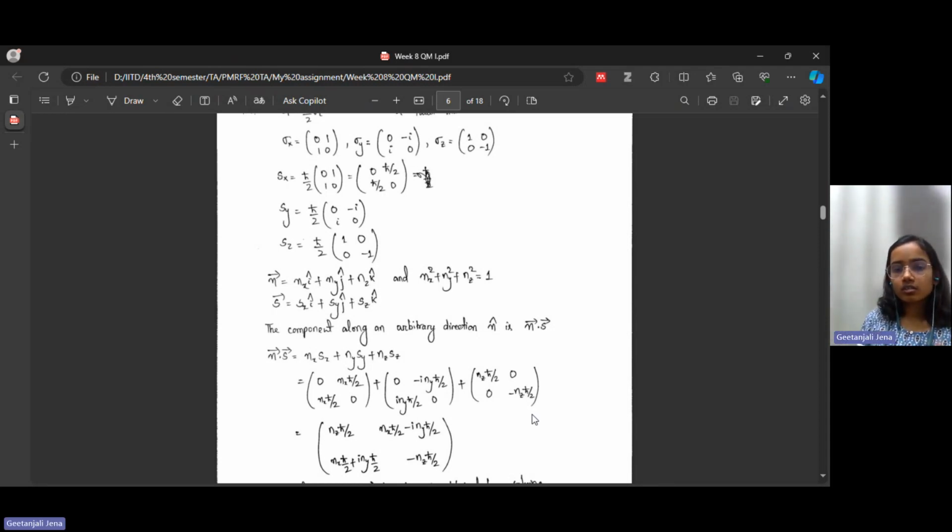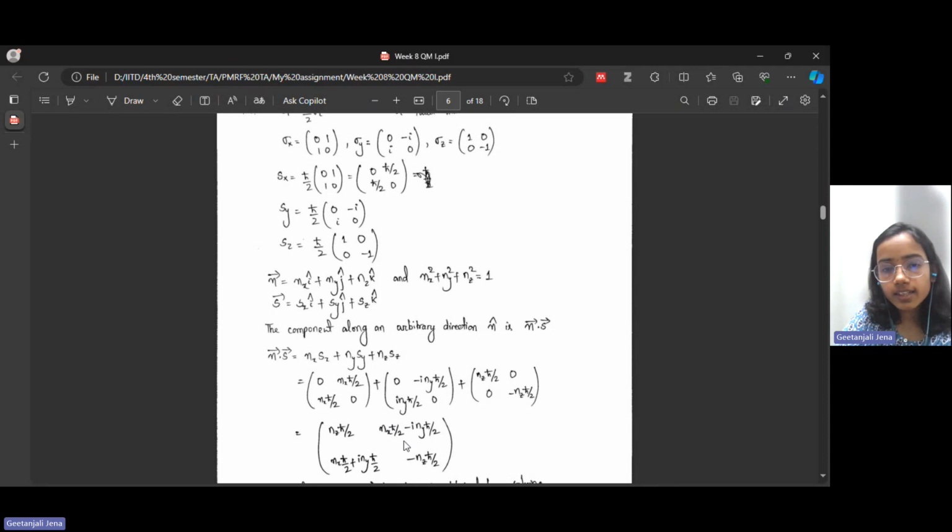So now if you put the matrix elements for x, y, z in the n dot s term, then you will get the final expression. The final matrix element is this: the first is nz h cut by 2.